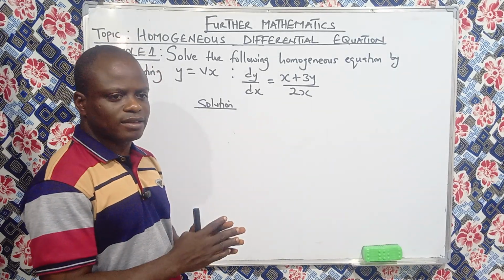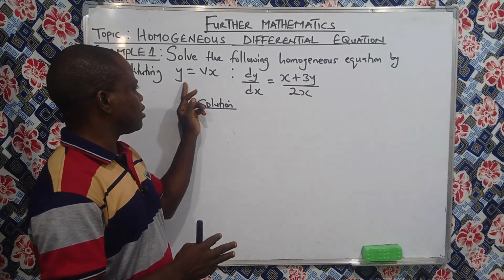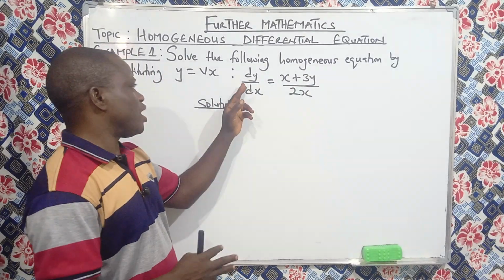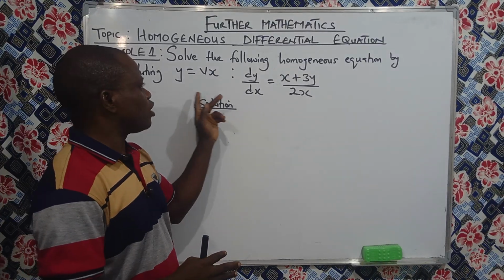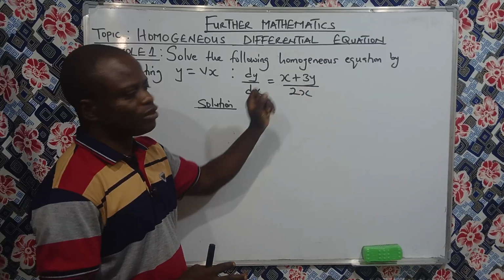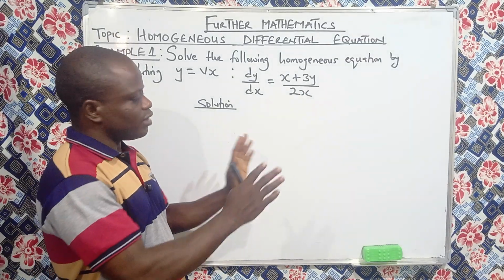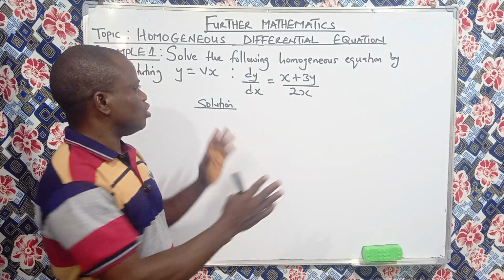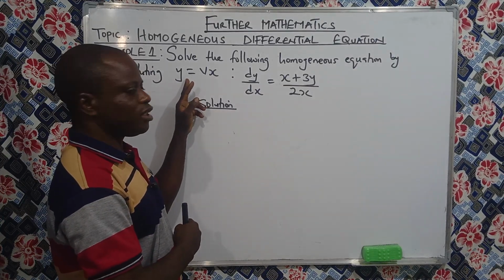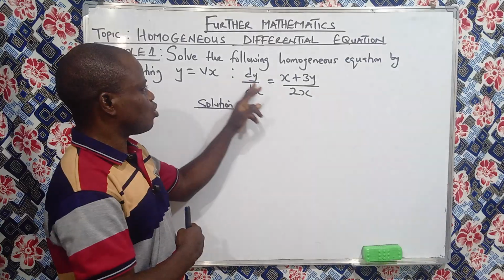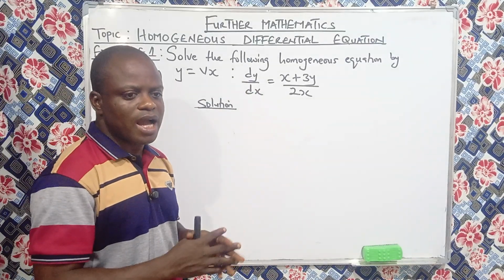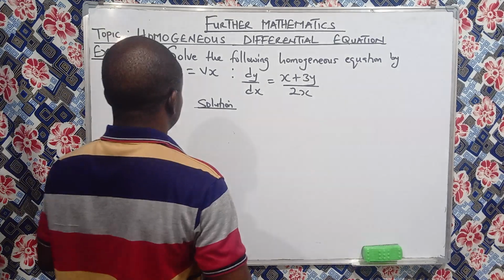When you get dy/dx under this first equation, you keep it somewhere. I already have dy over dx. When you now substitute your y into the equation given, whatever expression you get, you equate with the differentiation you have from the first equation, because both of them are being expressed in terms of dy/dx.